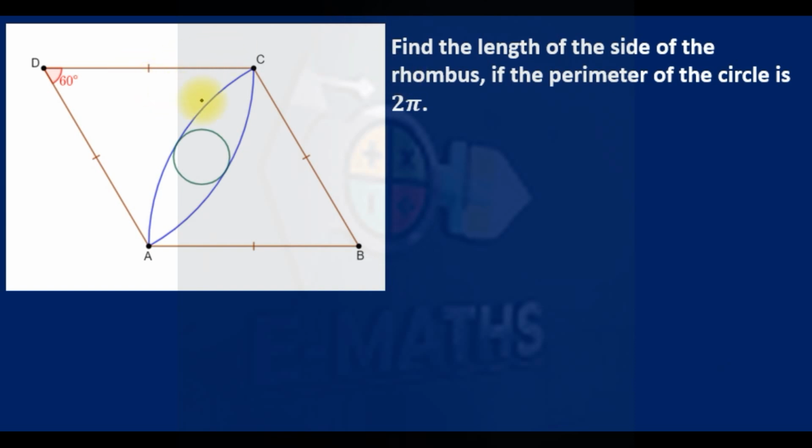So we are given the diagram. We are asked to find the length of the side of the rhombus if the circumference of this small circle is 2 pi.